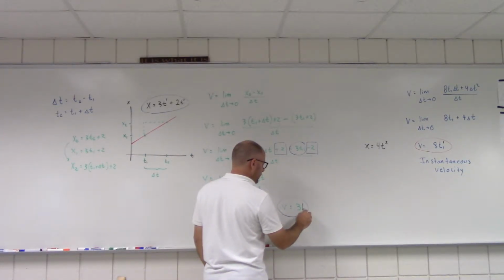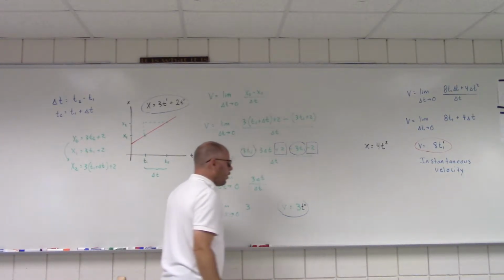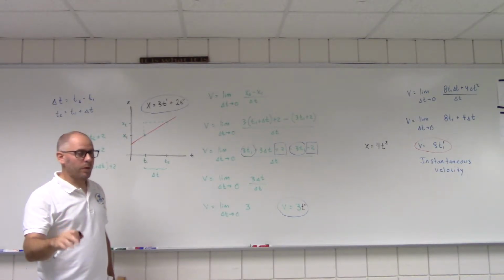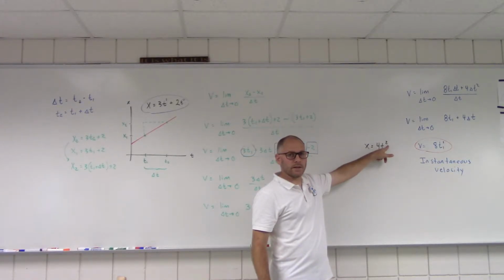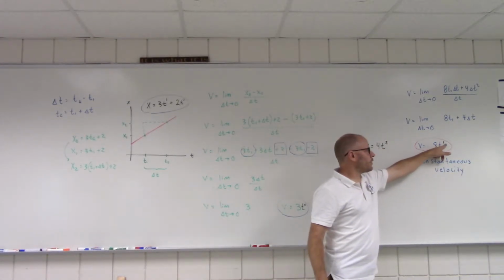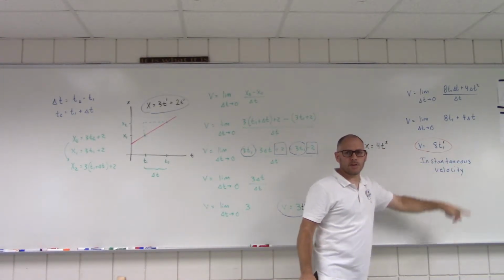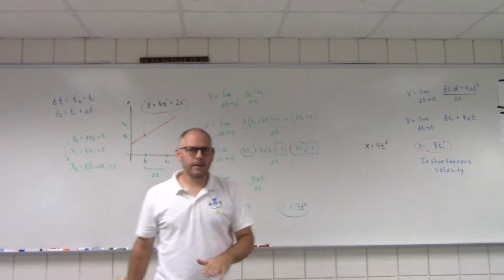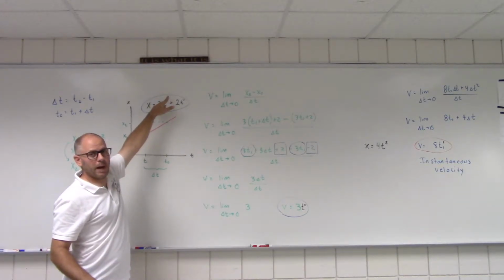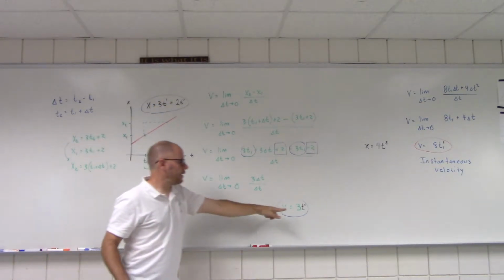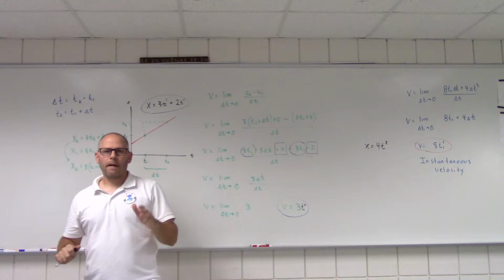This is t raised to the 0 power. One of the things that I'm noticing right away is that the position function is squared, is the second power, and the velocity function is 1 less. I don't think that's a coincidence, because when I look at it here, this is t to the first power, 1 minus 1 is t to the 0 power.